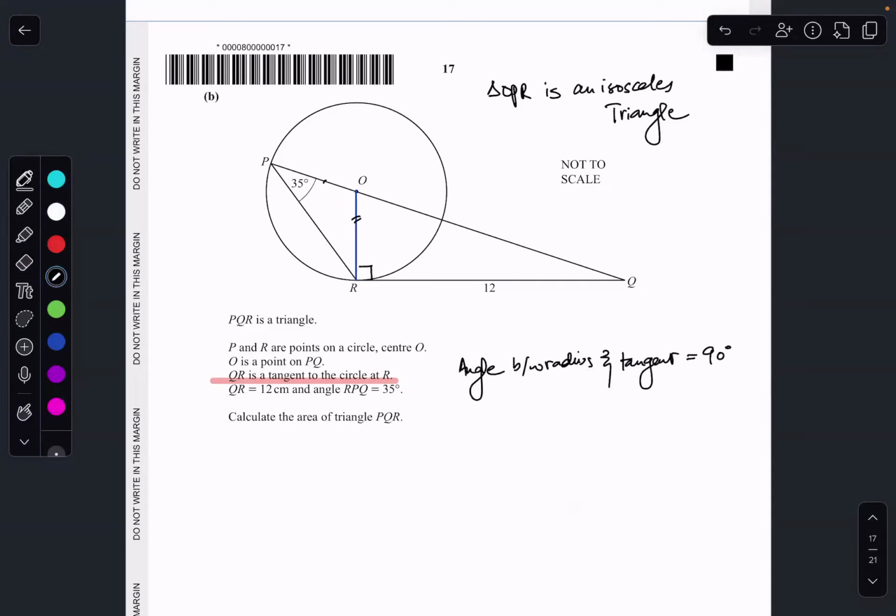So if that angle is 35, this angle is also 35. This can give us this angle over here, which is 35 plus 35 is 70. 180 minus 70, that is 110 degrees. We can figure out this angle easily because angle on a straight line is 180. So ROQ is 180 minus 110, which is 70.